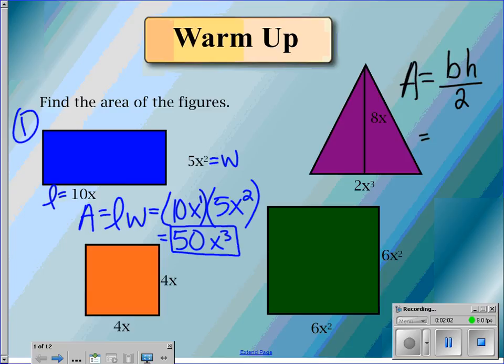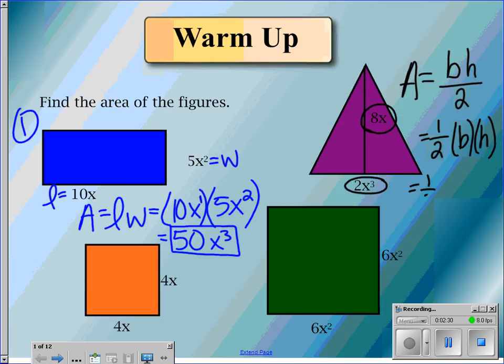Autumn. 1/2 times base times height. Either way is fine. Okay? So, what is the base of this triangle? 2x cubed is the base. And what's the height? 8x. Okay? So, either formula we put it in, we're going to get it.